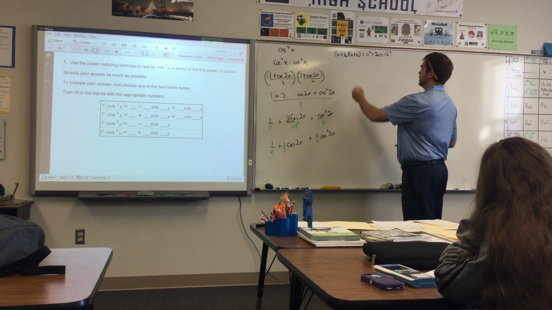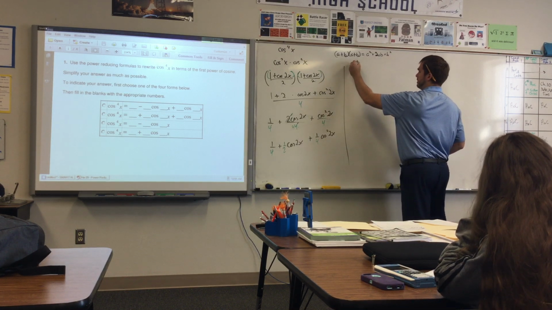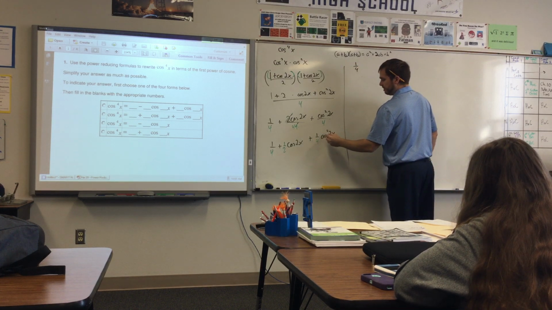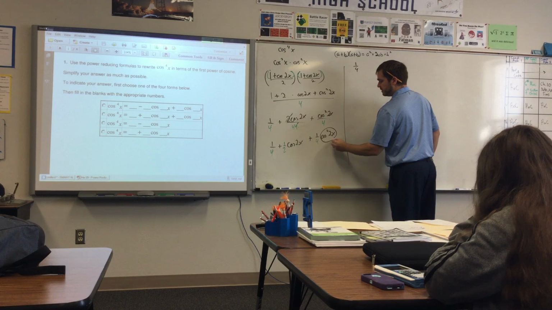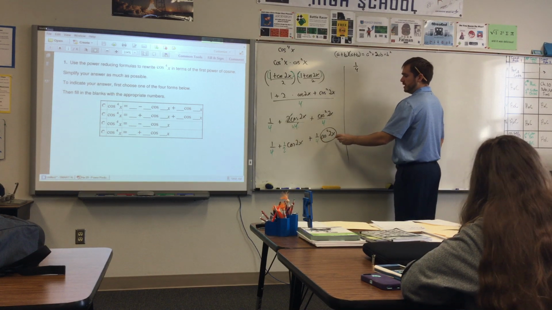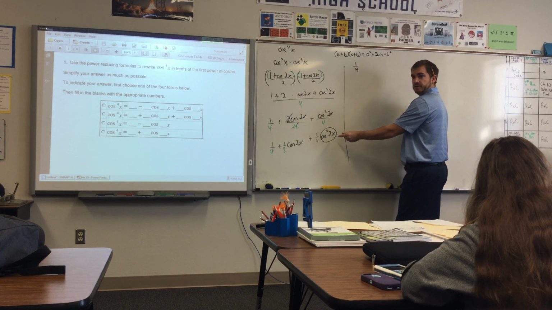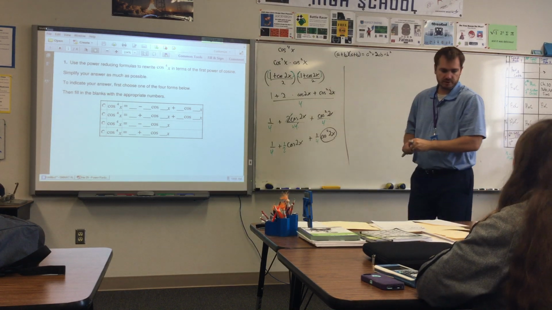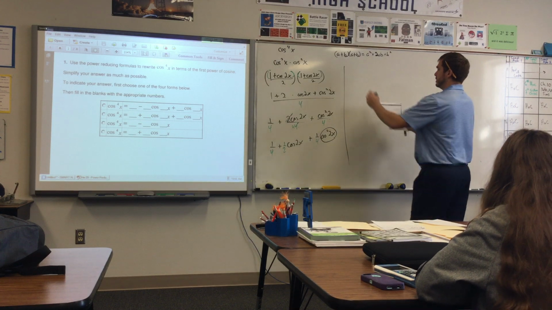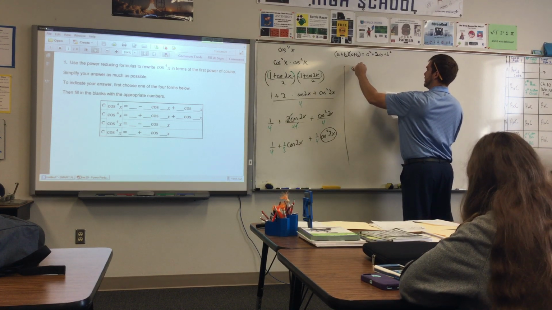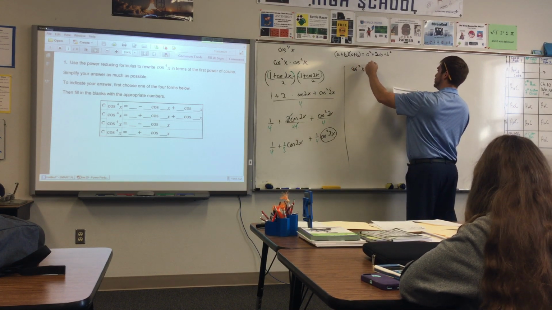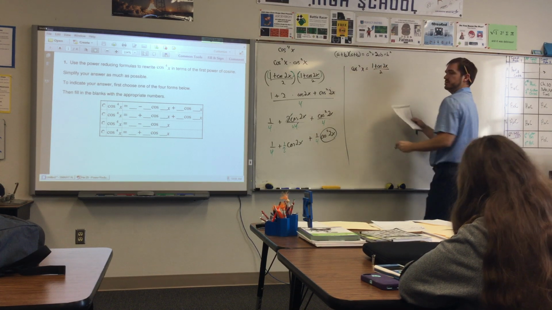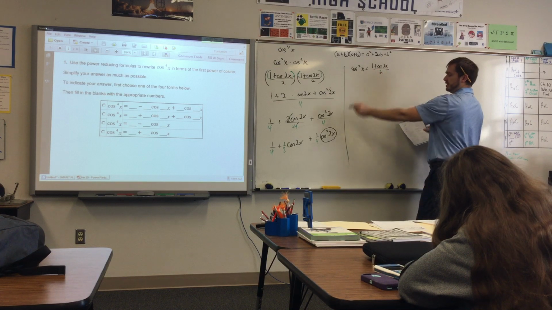Okay, so I'm going to copy that up here for a second. Cosine squared 2x. I have a formula for cosine squared, don't I? That formula is on my formula chart. Cosine squared x equals 1 plus cosine 2x over 2. So I'm going to apply that formula.